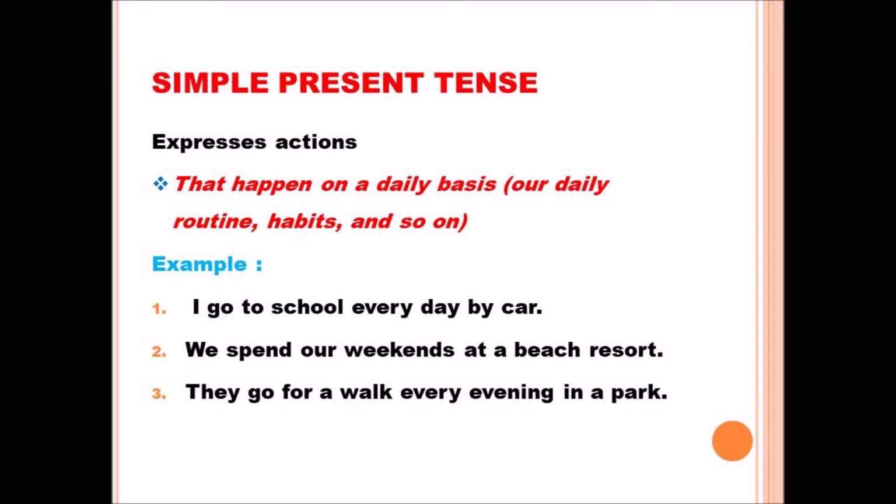Now we are going to see about simple present tense. Let us see where simple present tense is used. It denotes the action performed, right? So it expresses actions that happen on a daily basis, that is our daily routines, habits, and so on.